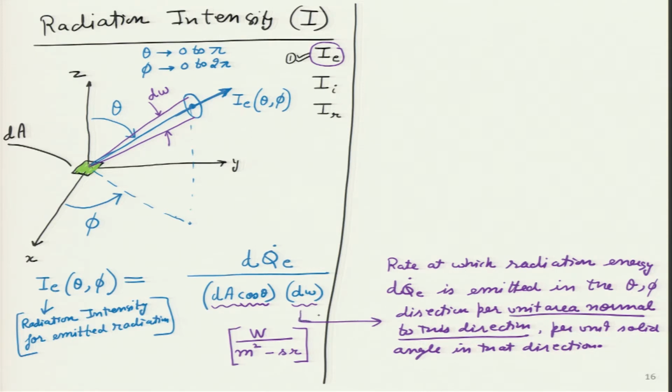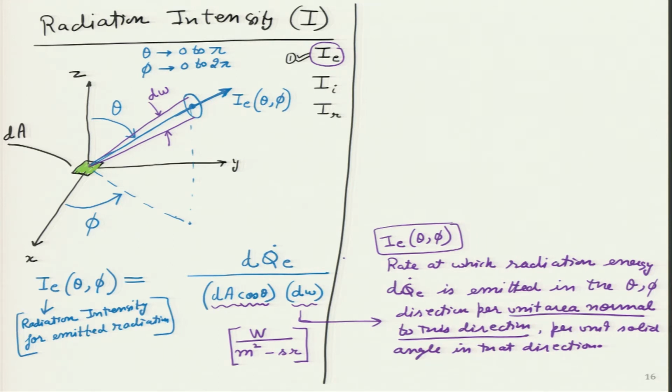This definition is giving the definition of I_E theta phi, whose name is the emitted radiation intensity. It is defined simply as this term over here, dq dot, which is the rate of energy, divided by dA cos theta, which is per unit area normal to the direction, and divided by d omega, which is per unit solid angle.